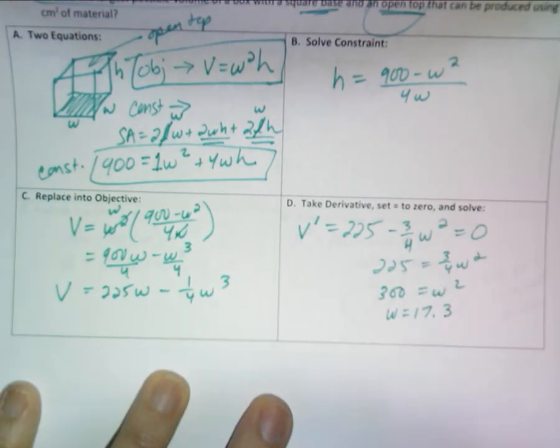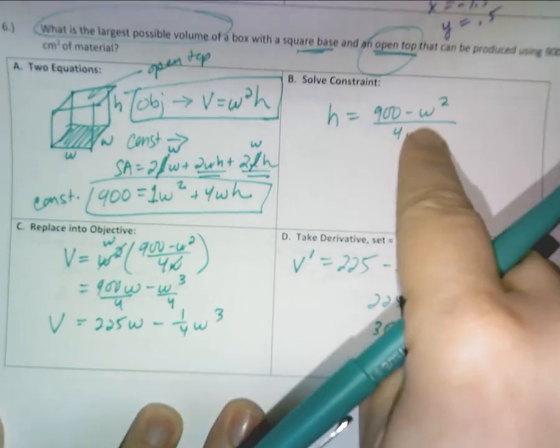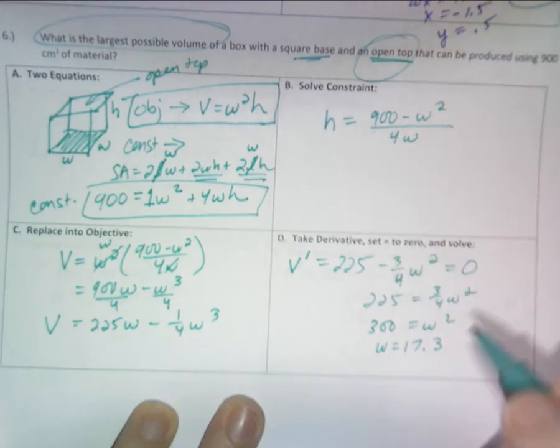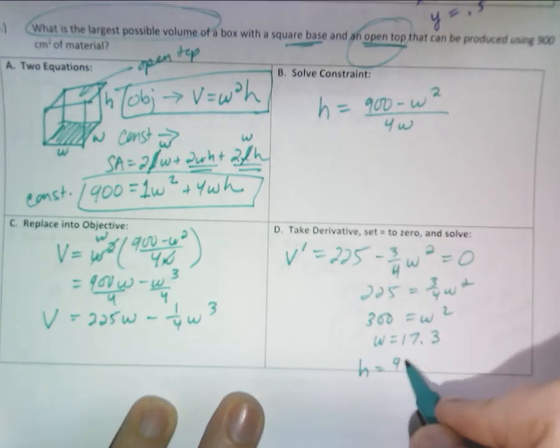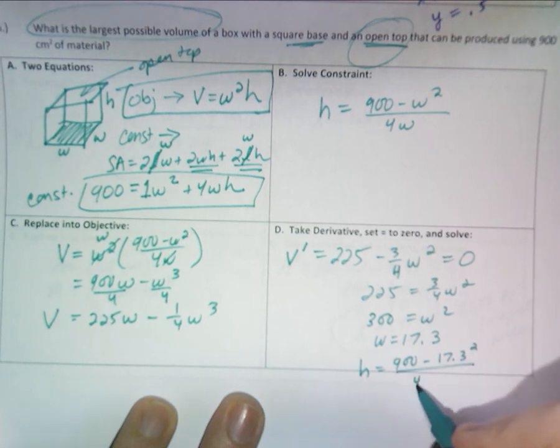And to find H, what would I do? Plug it in right up here. Do 900 minus 17.3 squared divided by 4 times 17.3. I'm going to do that for you because I see a lot of you don't have calculators.